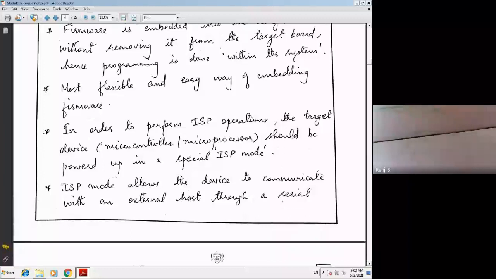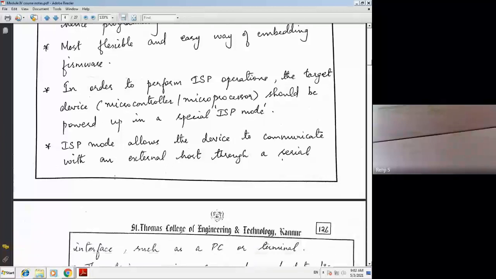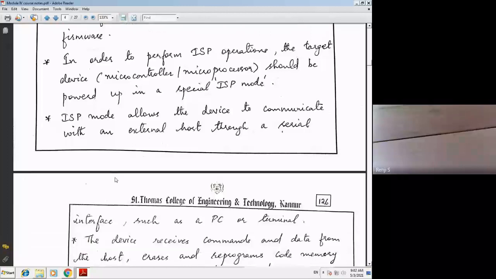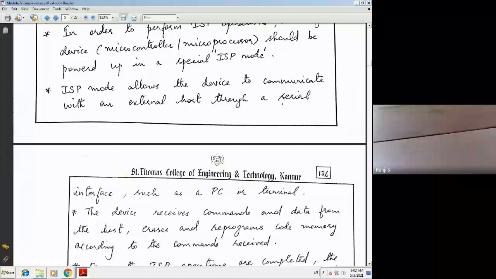In order to perform this operation, we have to turn on the target board in ISP mode, the in-system programming mode. In this mode, the target board can be connected to an external host machine through a serial interface. That can be a PC or another terminal. And we have a utility program running on the PC.